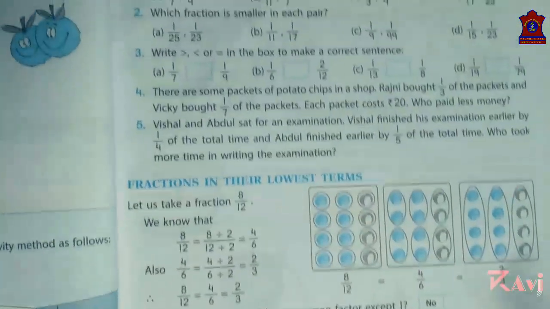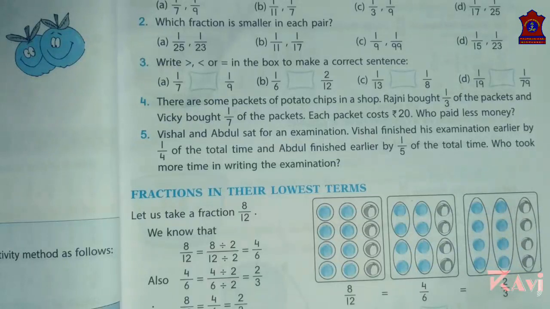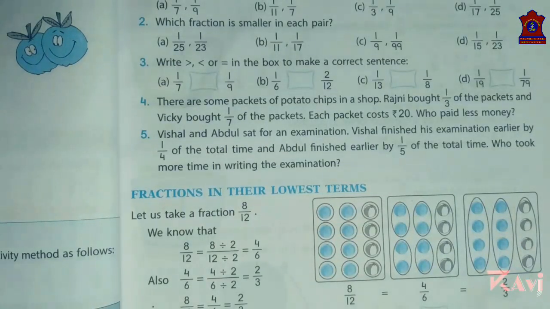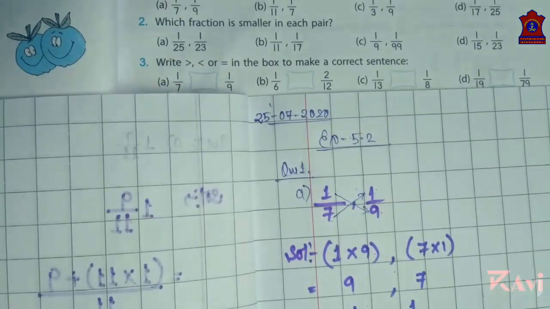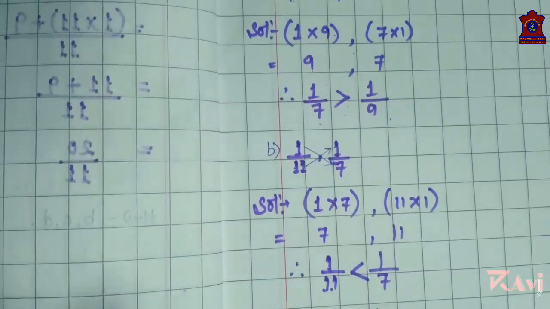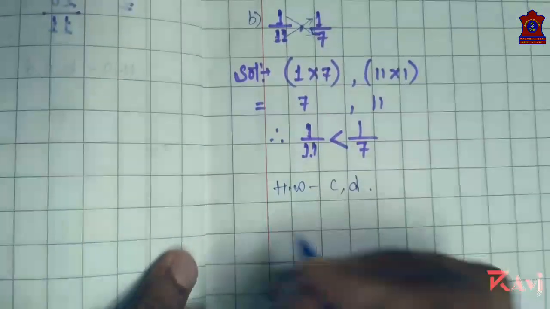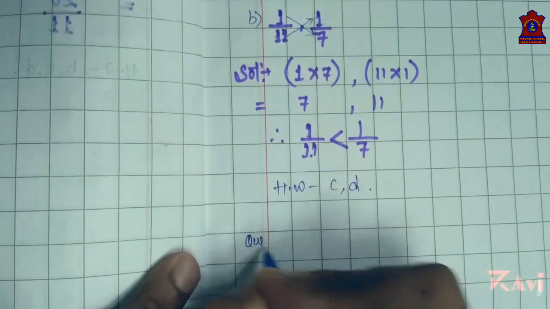Question number 2. Which fraction is smaller in each pair? See, which fraction is smaller? Similarly, you have to do question number 2 also. Question number 2 is similar to question number 1.